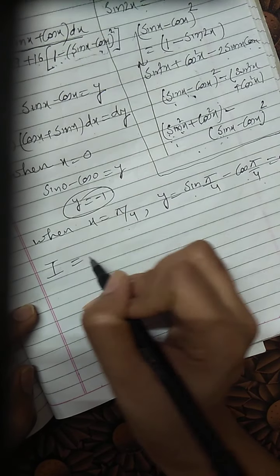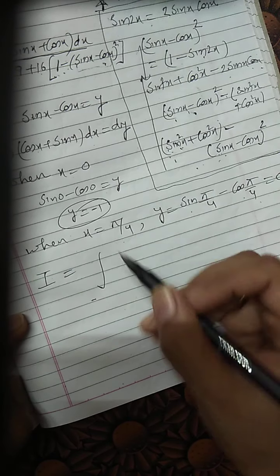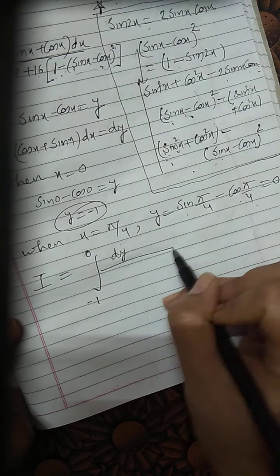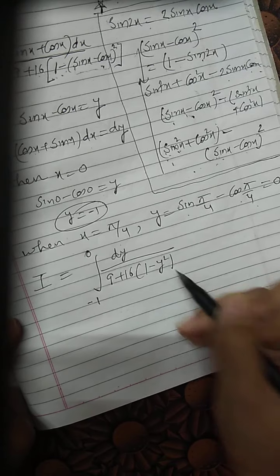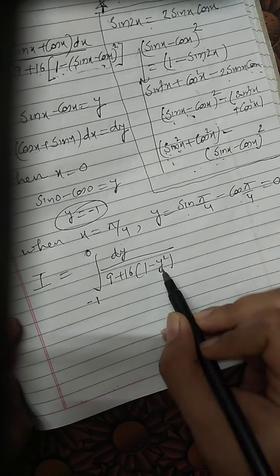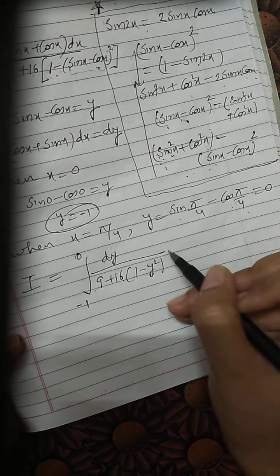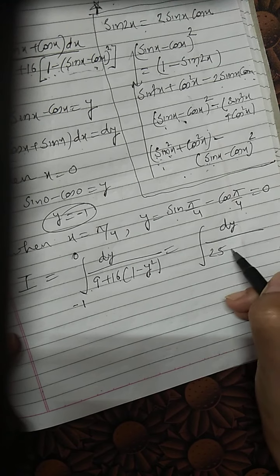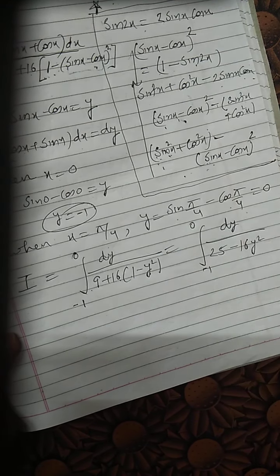Right? So our integral will become, the lower limit is -1, the upper limit is 0, dy upon 9 plus 16 times 1 minus y square. Now we will just simplify. 16 plus 9 is 25. So we are getting dy upon 25 minus 16 y square, from -1 to 0.